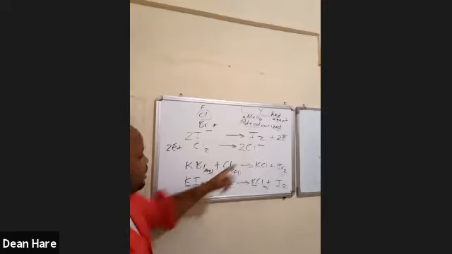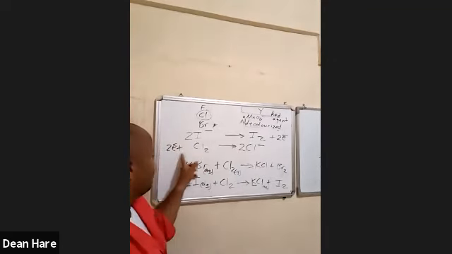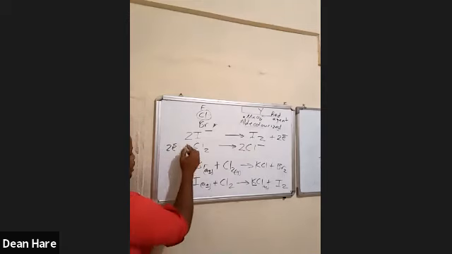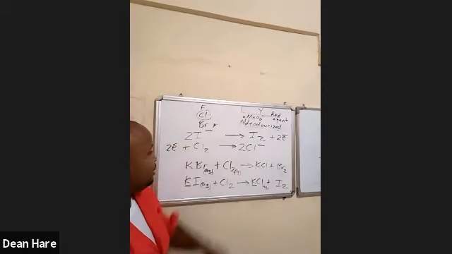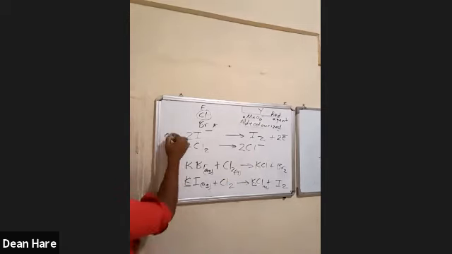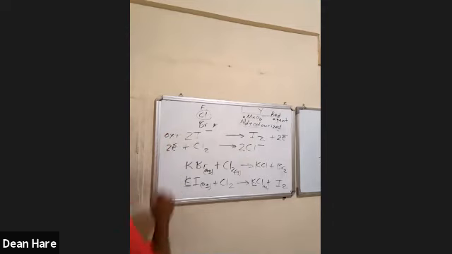The chlorine is gaining 2 electrons, and so we end up with the chloride ion. This is our oxidation half equation, and this one down here is the reduction half equation.